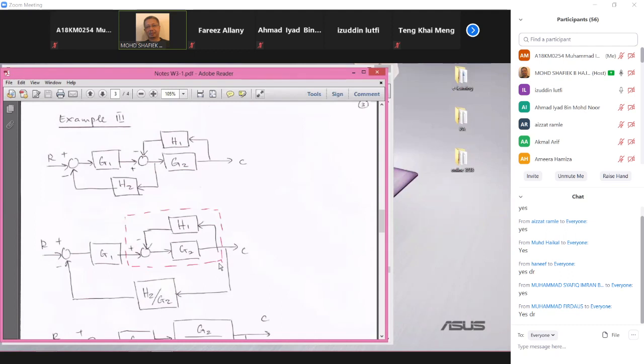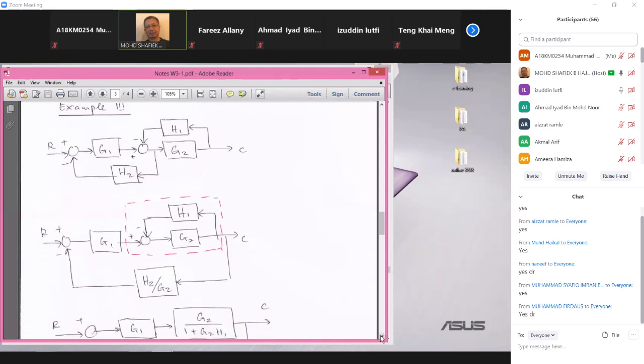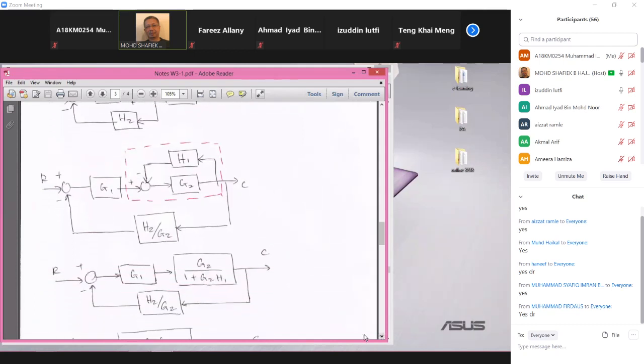After doing that, now you can recognize that this is a feedback loop. You can simply replace that with G2 divided by 1 plus G2H1. Okay, everything in the red dotted line can be replaced with G2 divided by 1 plus G2H1.